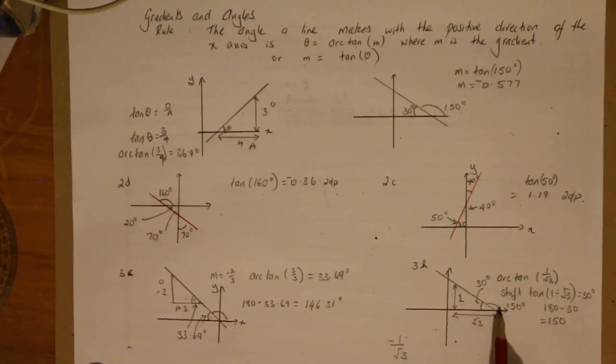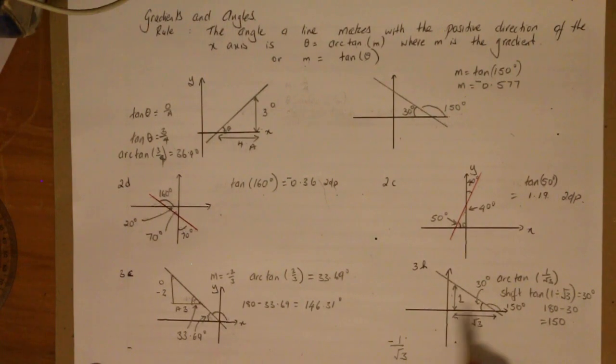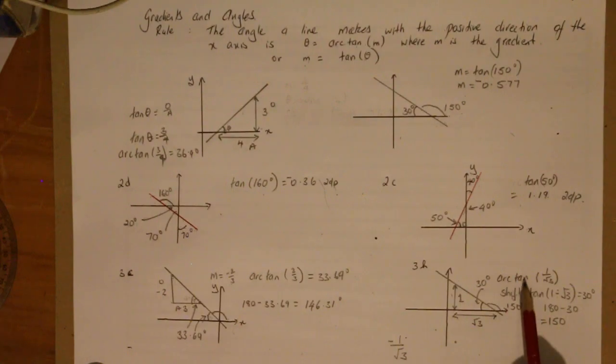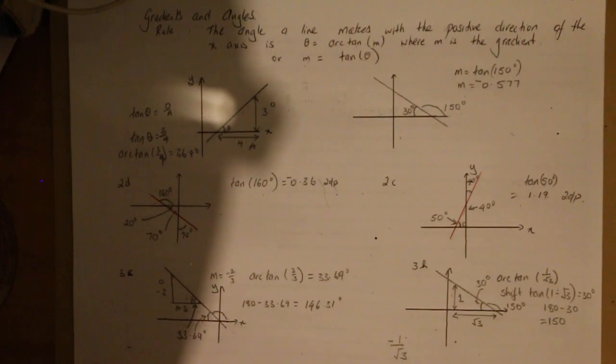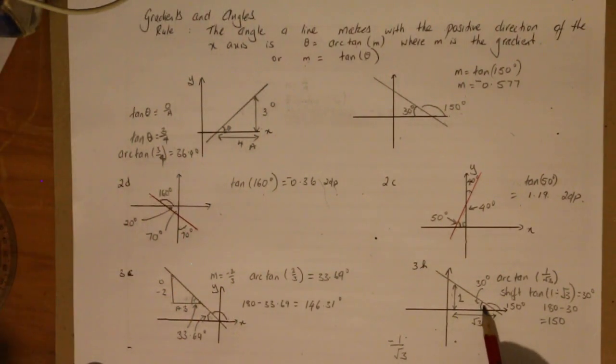So going from here to here, we went down 1 and across the square root of 3. So we find this angle here first. We go shift tan 1 divided by square root of 3, and we get this angle here is 30 degrees. If this angle here is 30 degrees, by angles on a straight line making 180, that angle there is 150.